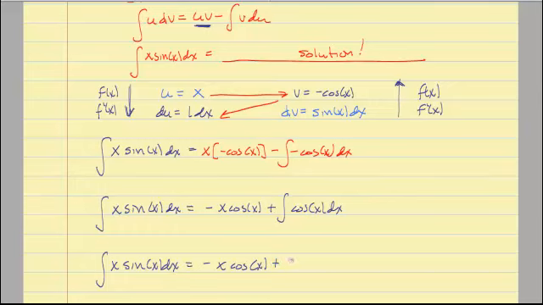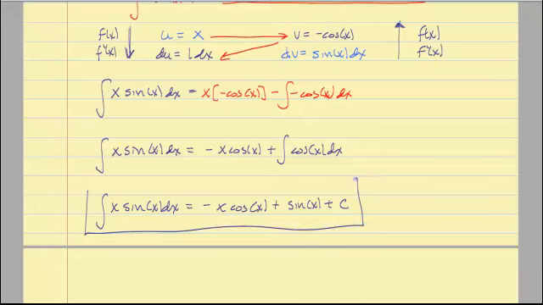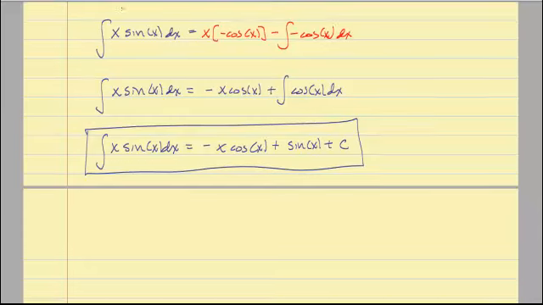The integral of cosine is a positive sine of x plus c for my constant of integration. So that's my solution. And of course, I always drag along that left-hand side because we're going to need that in some types of these problems. My next question is, can we check this?